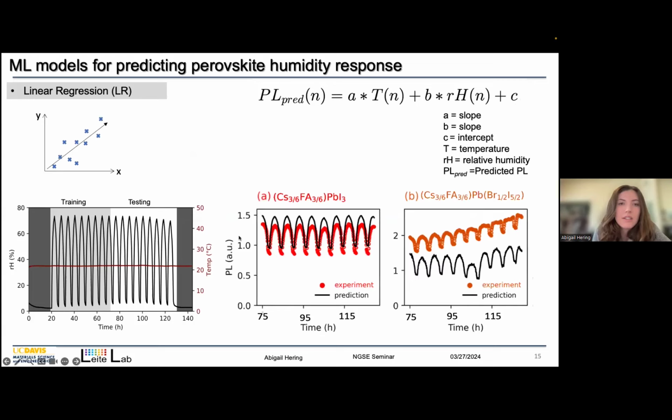So for the first sample, which had the very regular up and down behavior, the linear regression machine learning prediction is fairly accurate. It can pick up the up and down trends. However, for the irregular sample, for sample 2, which had an increase over time, the linear regression was not sufficient to picking up that trend.